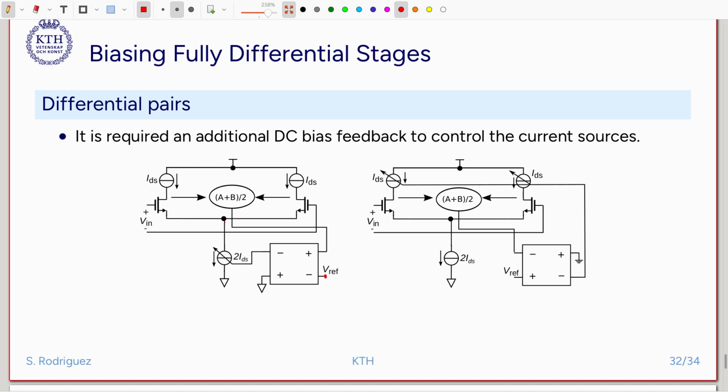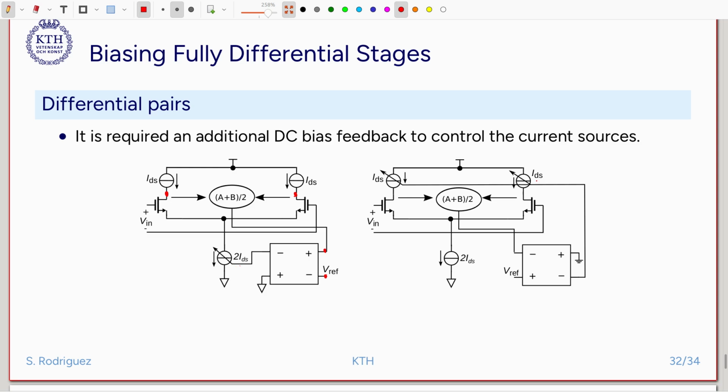The input to this correction amplifier will be the average of the outputs of the differential pair. So we need some circuit that extracts the average, and we compare it with our reference voltage that we want to have in these nodes, and then there is a correction that controls either the NMOS or the PMOS current sources.